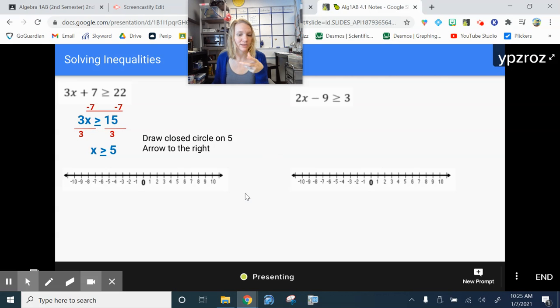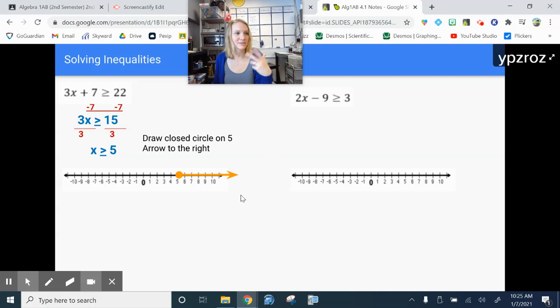So we're going to draw or shade the right side of 5. The more you see how these are related, the easier it's going to be to graph them and then pull from the graph as well. All right. Okay, so we're just doing two-step T-charts today, nothing crazy.